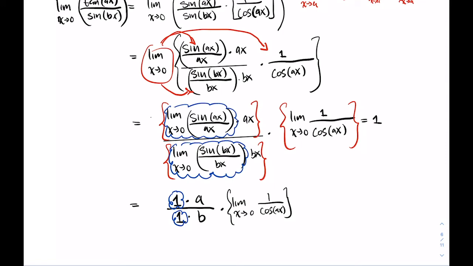So this is equal to a over b multiplied by 1, which is equal to a over b, our final answer. This one was a bit complicated, but the principles are to be followed for any method which you're going to use to find this limit.